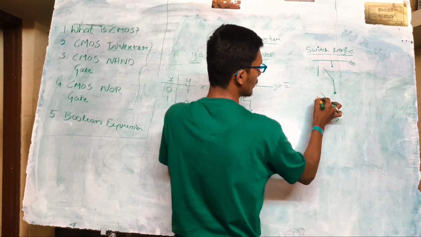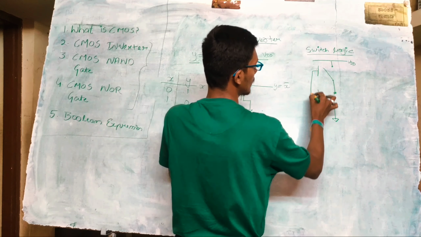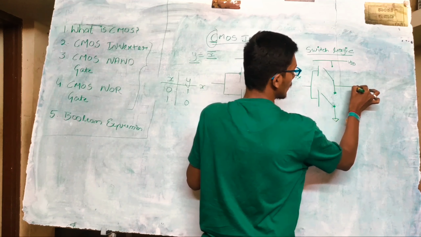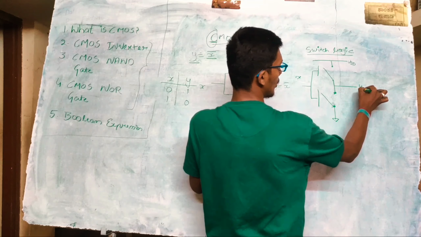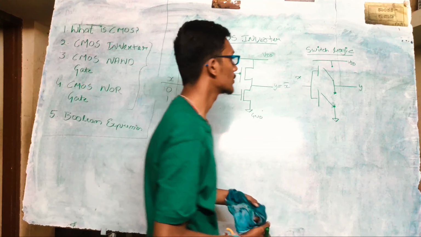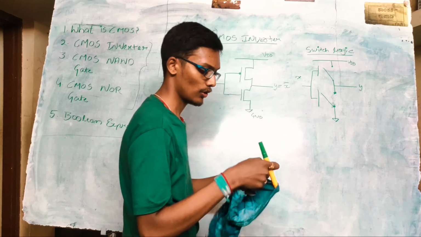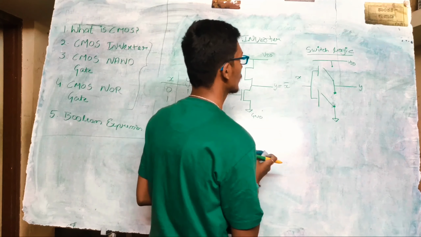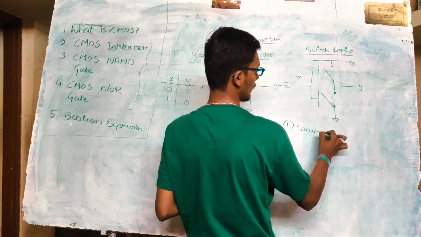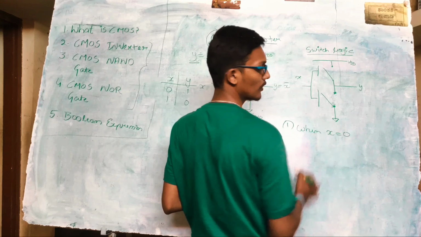The gates of these two transistors are shorted, and the input is X, and the output is taken here. So this is Y. Let's see what will happen when the applied input is logic 0 and when it is logic 1. First case, when X is equal to 0.